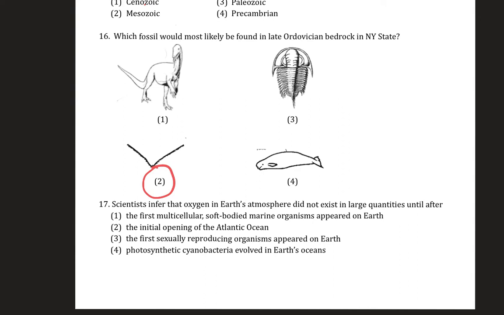All right, number 17. Scientists infer that oxygen in Earth's atmosphere did not exist in large quantities until after these different options. So before I look at all of these possible answers, I'm going to see if I can find when there was oxygen in Earth's atmosphere. I want to find out when that actually started, and then I can figure out the answer to these other things.